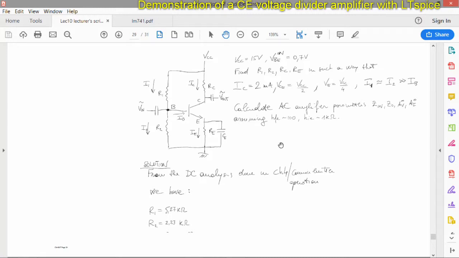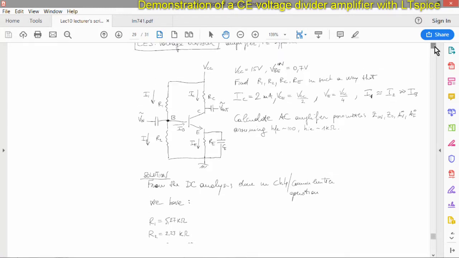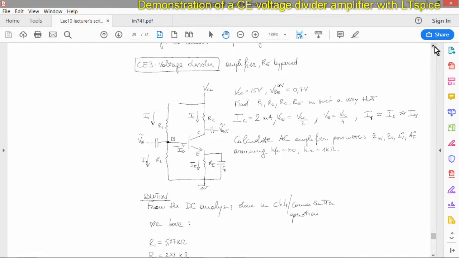So very briefly, just because we don't have much time, this was the CE voltage divider amplifier with RE bypassed. This was the circuit we actually solved 2 weeks ago. I had it also in my notes, and these were the conditions we used, the assumptions.